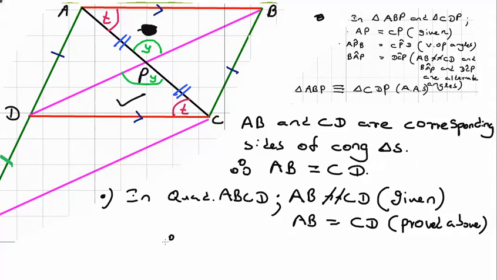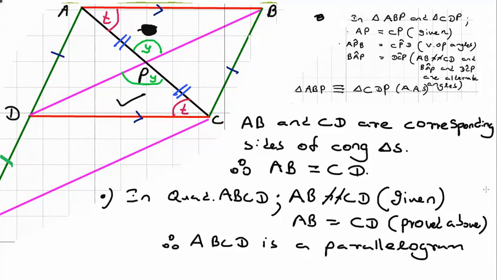So therefore, ABCD is a parallelogram. Why? Because in a quadrilateral, if one pair of opposite sides is parallel and equal, then that quadrilateral should be called a parallelogram.